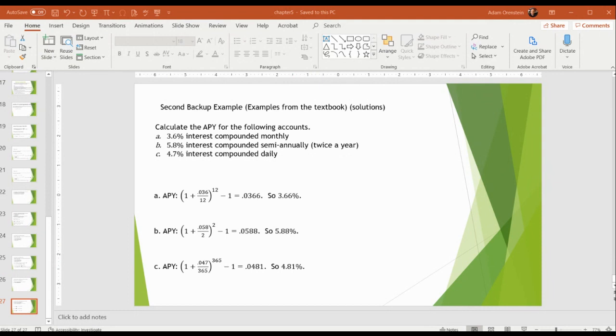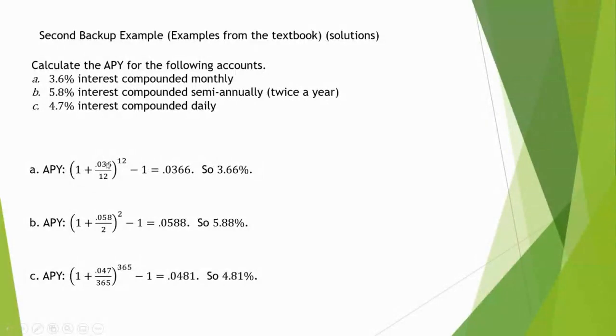In the first case, you get almost the APR back. In the first one here, your R is 3.6%, so I converted it to a decimal by moving the decimal 2 spaces to the left. 1 plus that over 12, to the 12, minus 1, and that calculation gives us 3.66%.